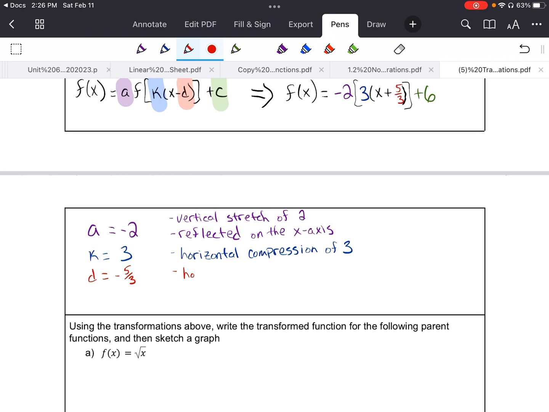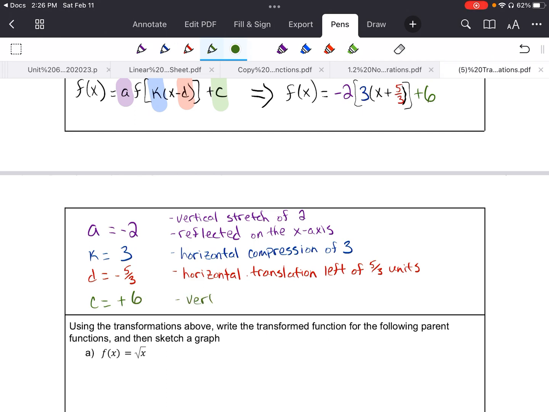This is a horizontal translation left of 5/3 units. And finally, the c value is plus 6.